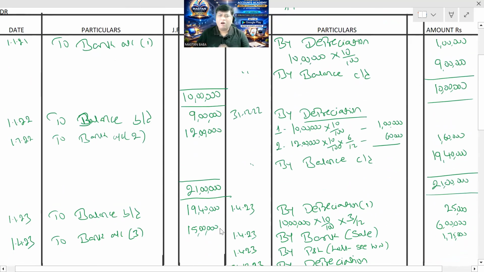So we have covered almost all the models in the FIMS, which is useful for intermediate first year, degree first year people, that is BCom first year or BBA first year students. So dear students, in our next video, we are going to discuss a new method known as diminishing balance method. We'll discuss what is diminishing balance method, under which cases diminishing balance method is useful, and which, as per Income Tax Act, is the suitable method, as well as for which type of assets the diminishing balance method will be useful.